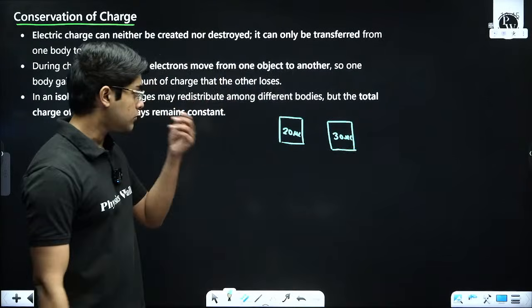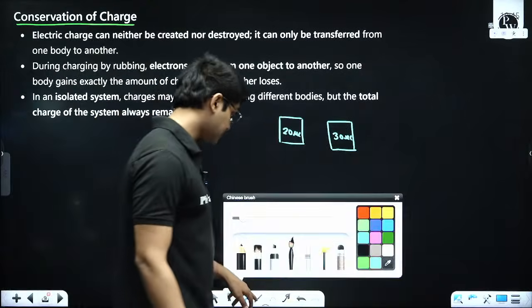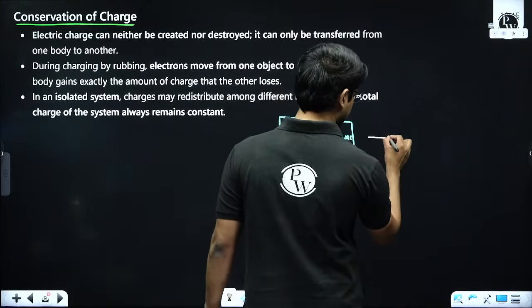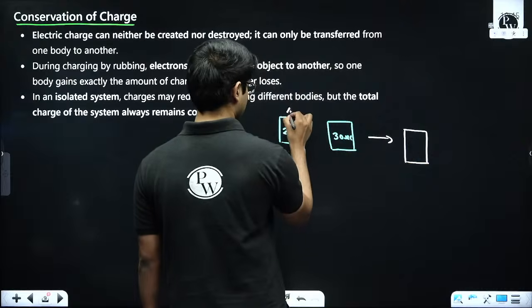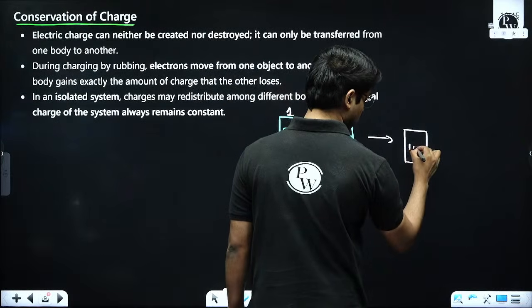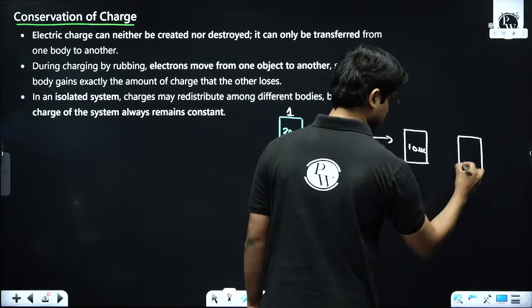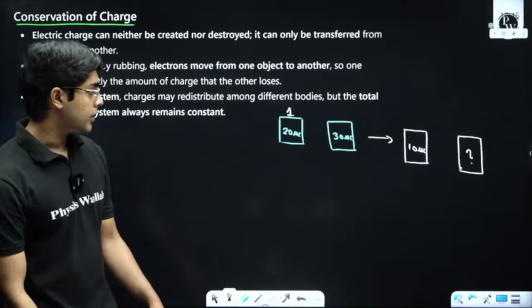Now, some charge from this box was taken to the other box. And it is given that finally box number 1 only had 10 microcoulomb charge. Then the question is, what is the charge in the other box? This is actually very easy.